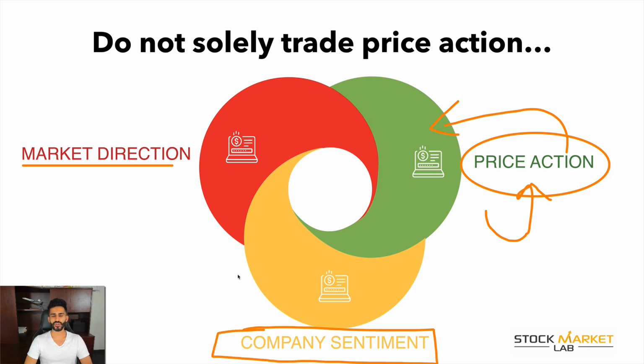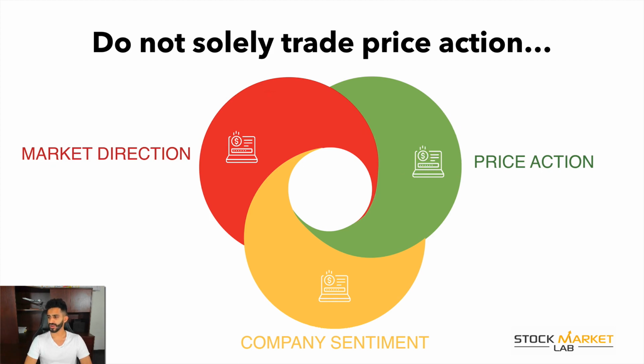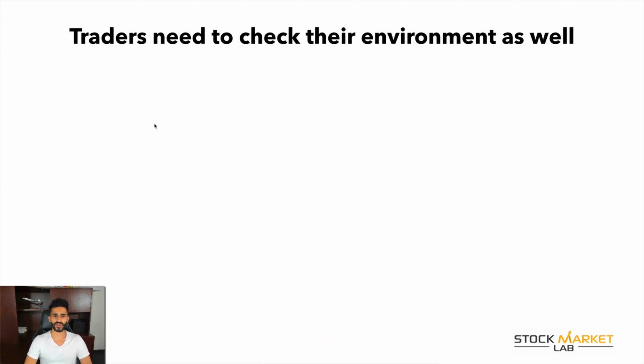So once again, when you are trading price action, you need to look at your surrounding factors. You need to look at other factors that complement price action and allow you to make high probability trades.